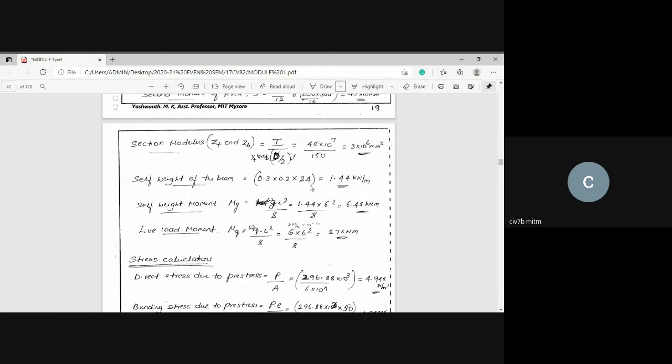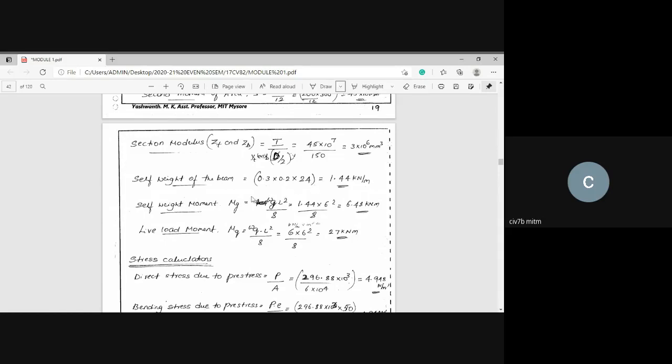Then meter will become meter square, and with kilonewton per meter cube it will get cancelled. You will get the answer as 1.44 kilonewton per meter. So please note this point. These things look very simple, but in a hurry you will forget this. You will start multiplying 300 into 200 into 24.